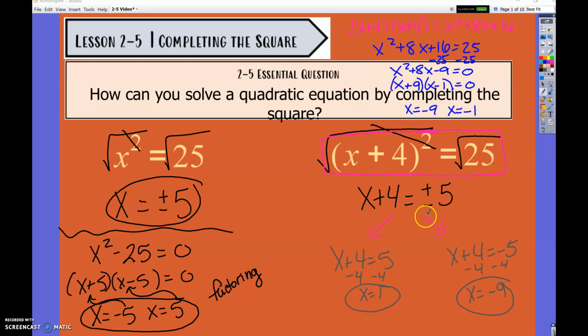So in quick form here, I took this right there and rewrote it up here. I squared out the x plus 4 times x plus 4, made x squared plus 8x plus 16. I set it equal to 25. And just as you've done before, I got everything to the left side, like in section 2.3, and I got minus 9 as my c value.